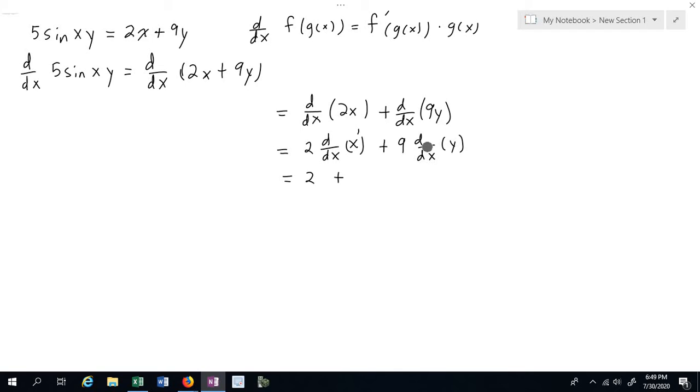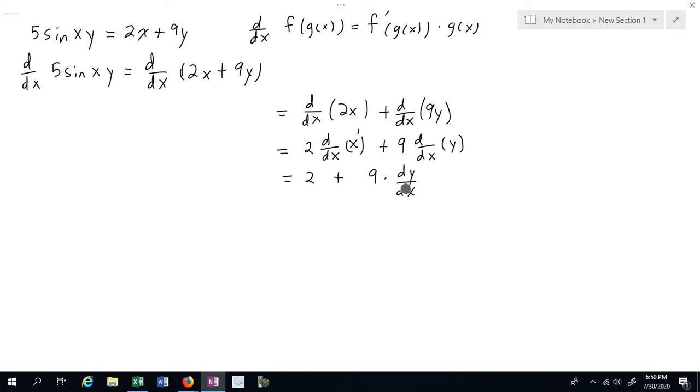Then this derivative we can't actually compute. We just have to leave it as the derivative of y with respect to x, and if you want, you could write it like this. They're the same thing, and then the 9 goes in front and gets multiplied by that. We can't compute this derivative because we don't know what y is as a function of x.